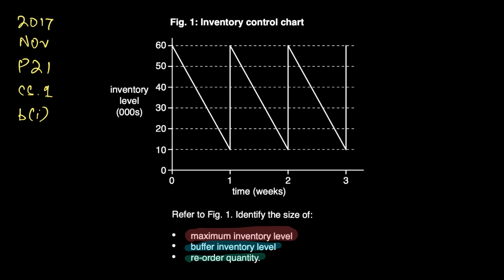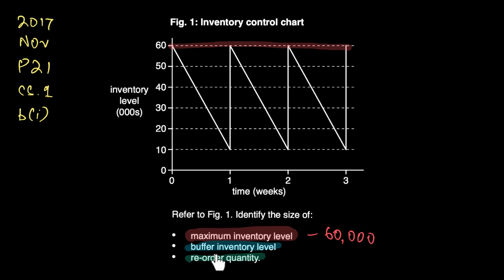So we know that the maximum level is that level above which the business's graph will never go, and we can see that here to be at 60,000, right? So your maximum level is 60,000.